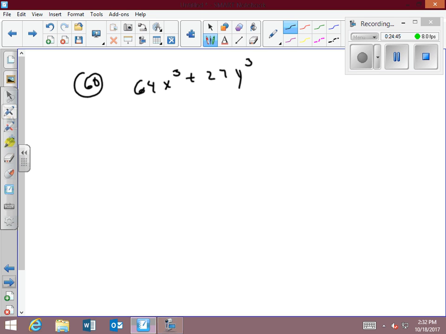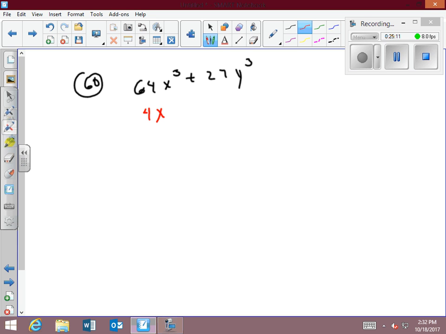If so, what's being cubed? If you know, tell me. Don't just look at me. Remember 1, 2, 3, 4, 5, which one? 4. It's 4, isn't it? This is a 4x. That's A, isn't it? Because 4 cubed is 64.